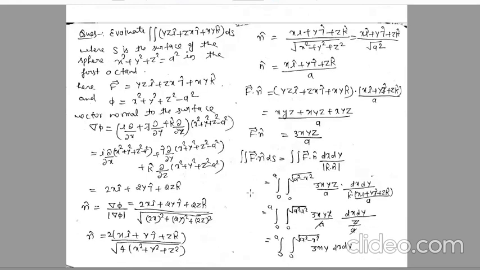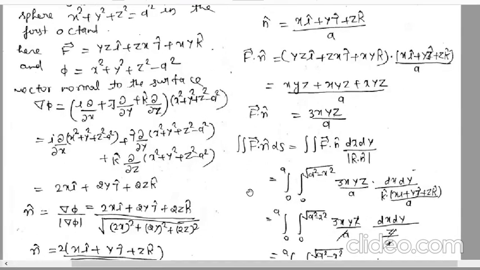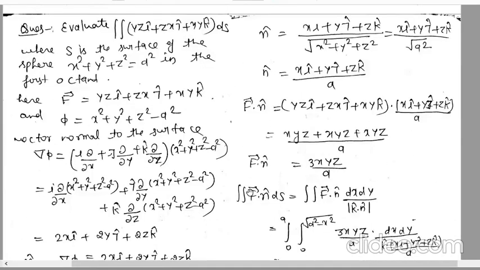Now there is an example here, so our theory will be clear by this example. Evaluate the double integral of (yz i plus zx j plus xy k) dot n cap dS, where S is the surface of the sphere x square plus y square plus z square equal to a square in the first octant.